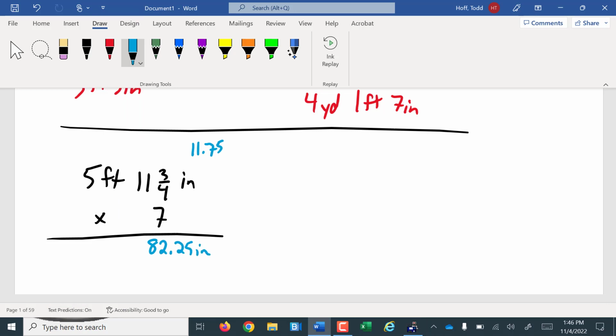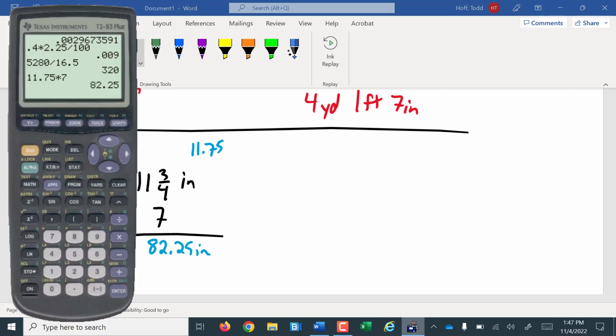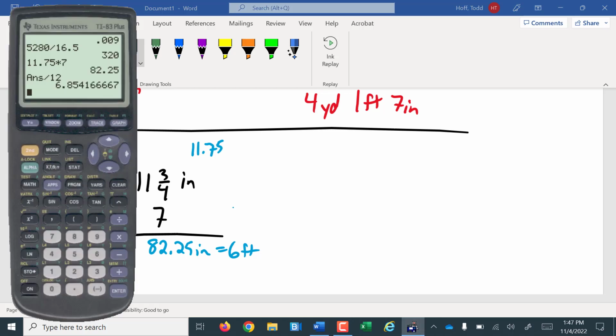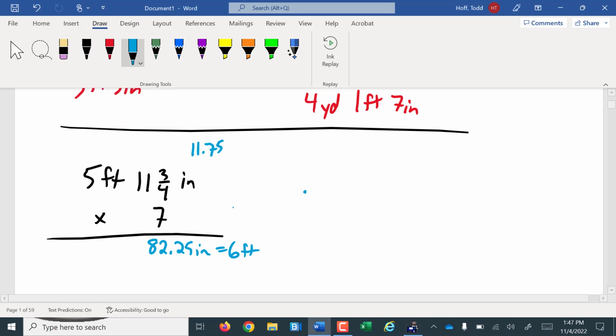How many feet can we get out of 82? Well, if I need to, I can just do this. 82 divided by 12 is 6.8. So there's 6 feet. How do I figure out how many inches are left over? I can subtract the 6 and then do what to turn it back into inches? Times 12. 10.25 inches are left.